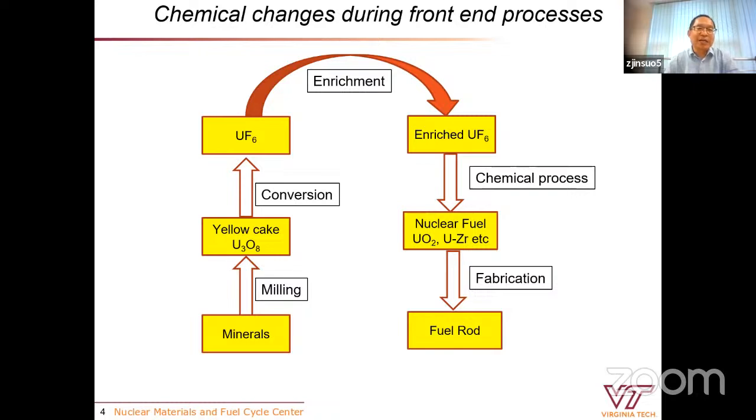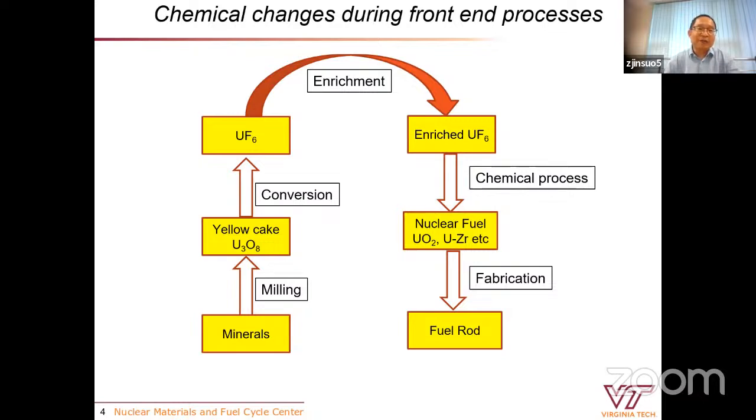The good thing is that in nature, fluorine only has one isotope. So when we do enrichment, we only enrich uranium-235 in one stream. That's one reason we use UF6. The other reason is because it's a gas, right? So we do the enrichment and you get the enriched UF6.